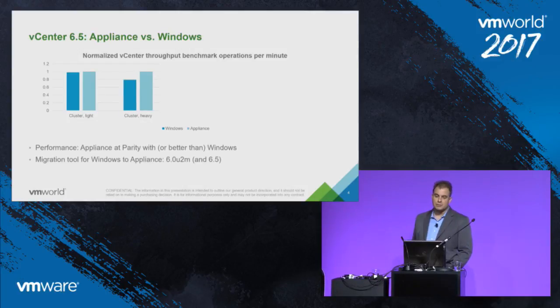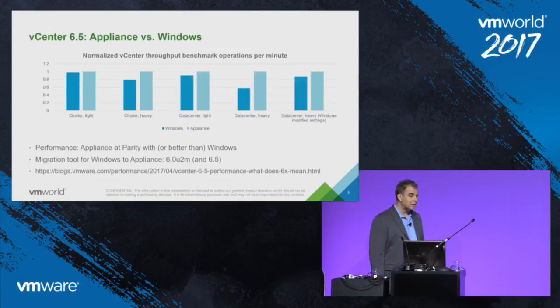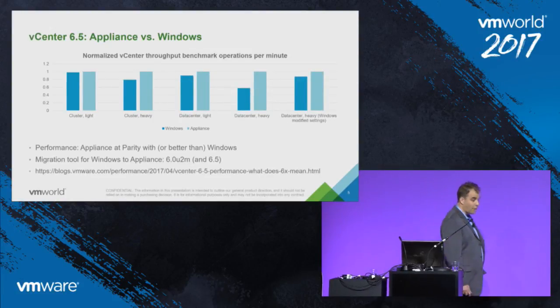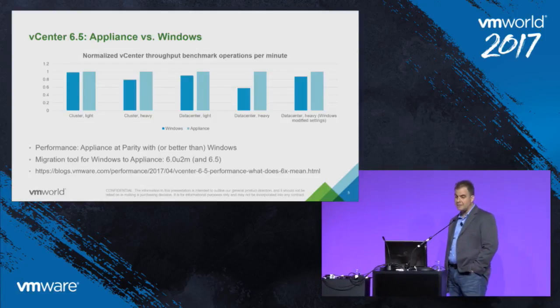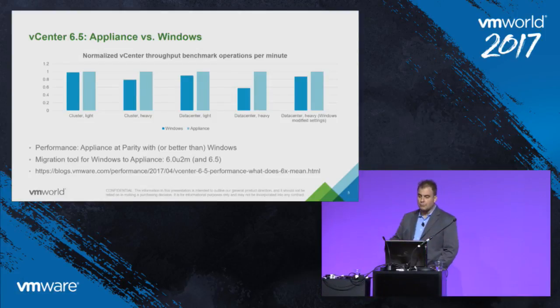But as we begin to increase that load to higher levels, around 400 operations per minute, we begin to see that the performance of the appliance really begins to pull away. And if we look at even larger scales of around 1,000 hosts and 25,000 VMs, we see that the difference in performance is even more significant.